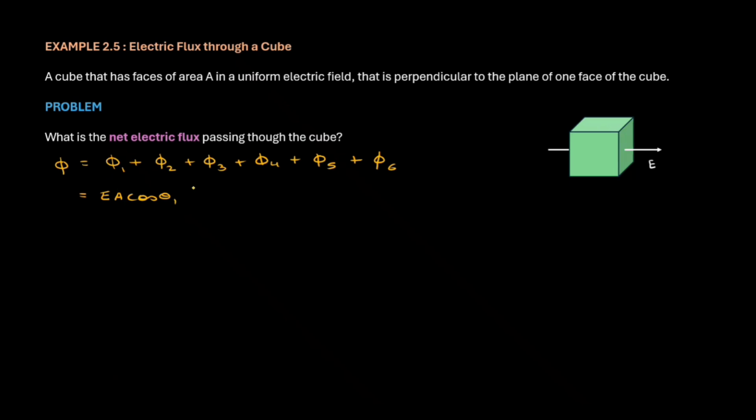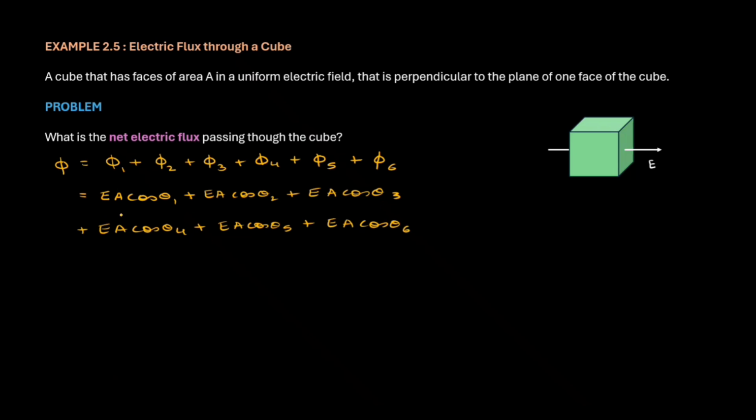So we write this for all of them, plus EA cosine theta 2, EA cosine theta 3, plus EA cosine theta 4, EA cosine theta 5, and plus EA cosine theta 6.